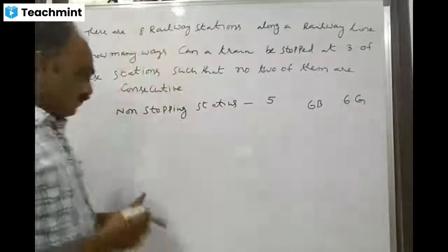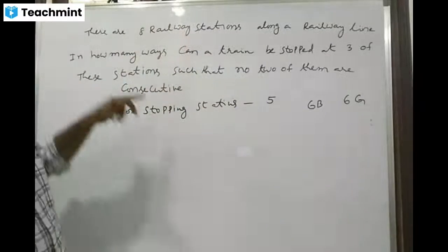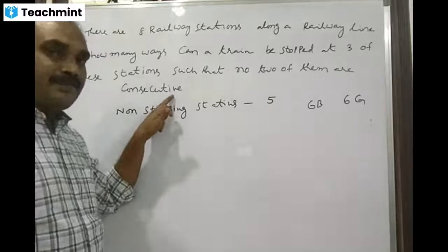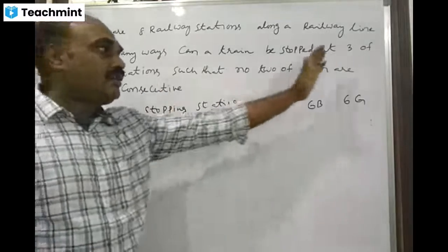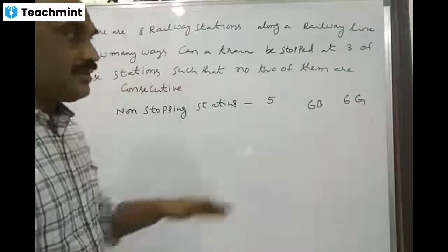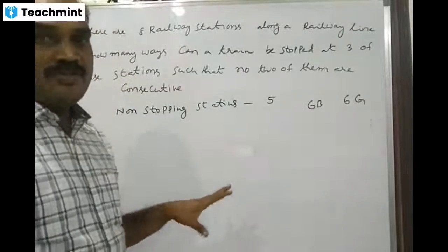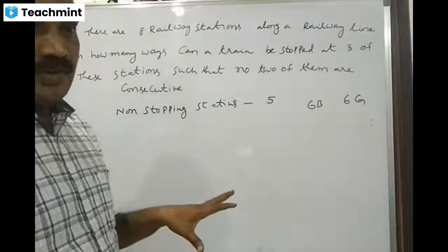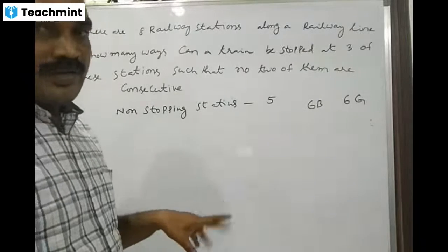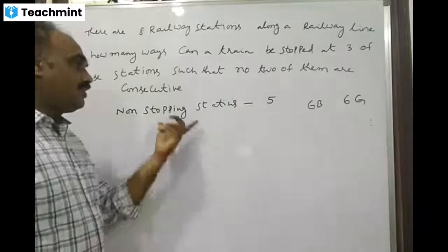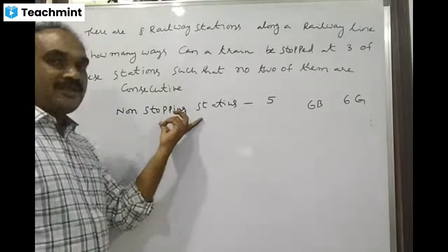Similarly, no two stopping stations consecutive means first arrange the non-stopping stations. How many non-stopping stations? 5. First arrange 5 stations. How many ways? 5 factorial is the correct answer. The arrangement of the 5 non-stopping stations can be done in how many ways?